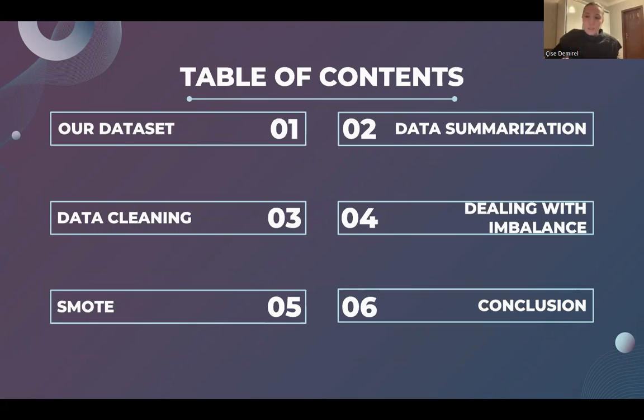And after these processes, we face an imbalanced dataset situation. And in the fourth part, you will see how we deal with this situation. In the fifth part, SMOTE application will come, and in the last part of our presentation we will conclude, and we will be waiting for your questions.